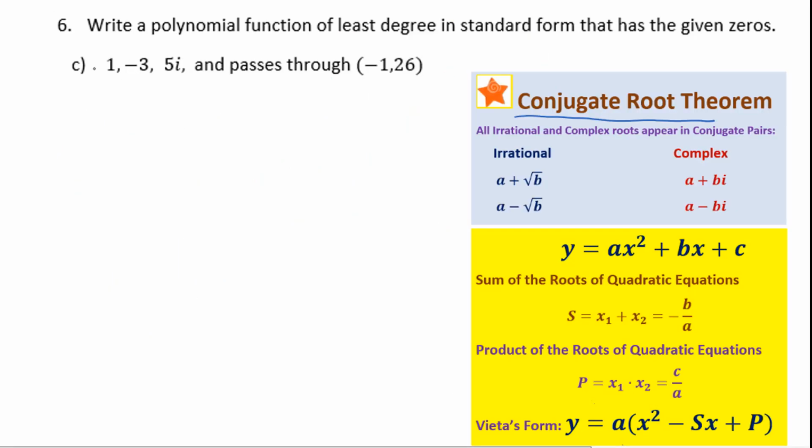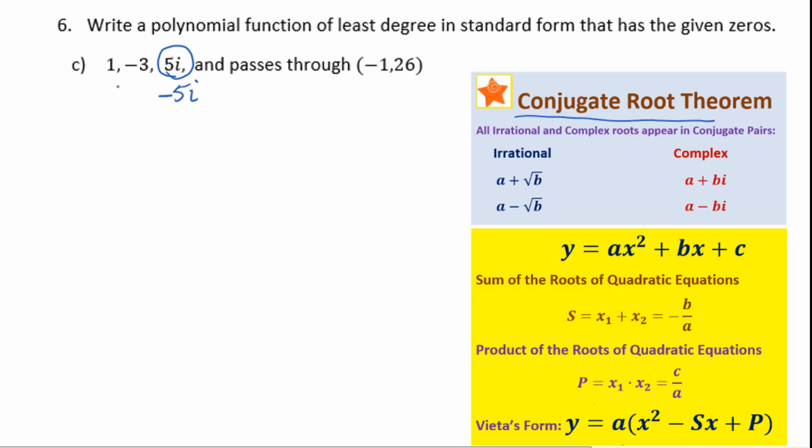Let's go to C. 1, -3, 5i are the roots, and it passes through (-1, 26). According to the conjugate root theorem, if 5i is a root, so is -5i.